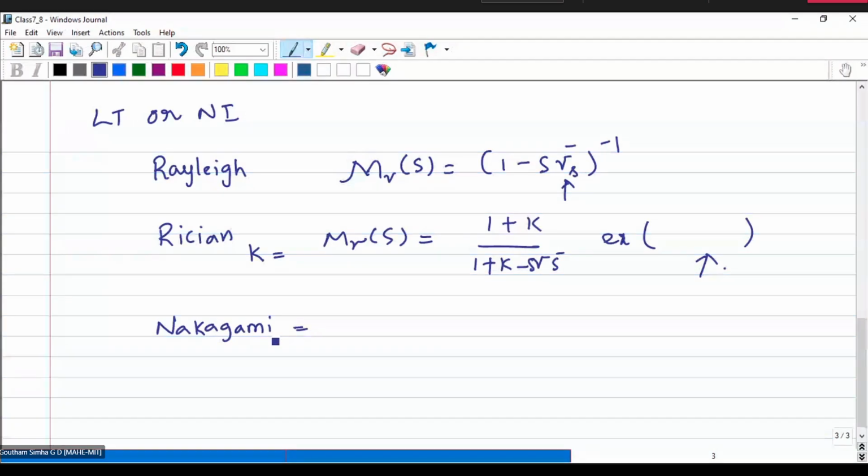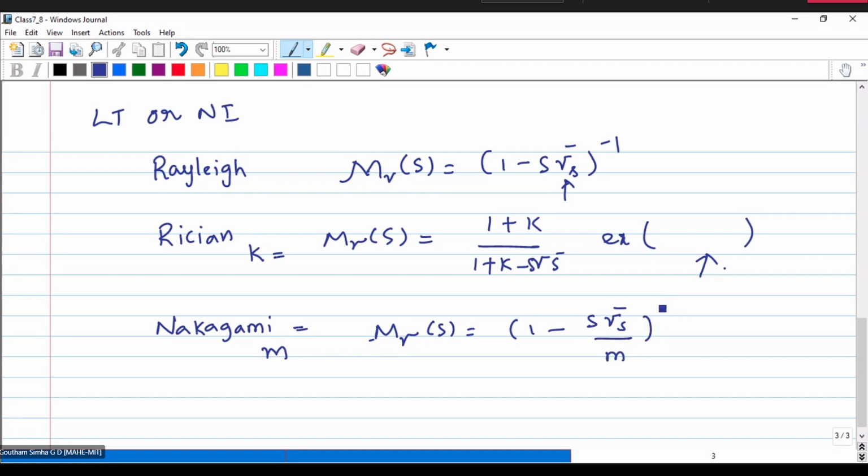Nakagami is the combination of M. Okay, Nakagami M fading channel. This can be M gamma of S, that is equal to 1 minus S gamma S bar divided by small m, whole to the power of minus m. Now these are some of the ways of writing the moment generating function for common multipath fading distributions.